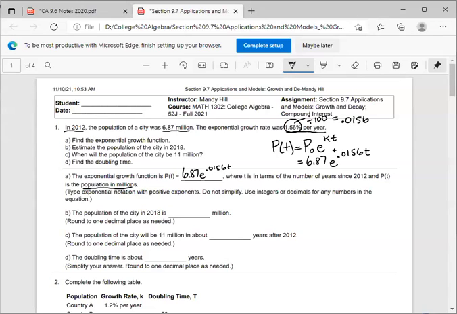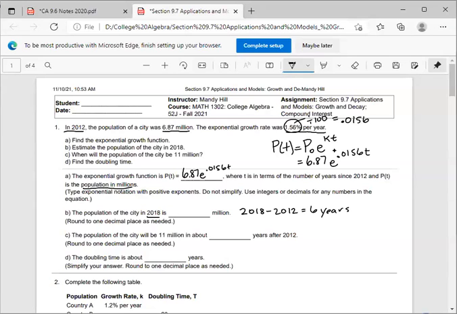Okay, it says the population of the city in 2018 is, okay, I got a couple of ways to find this out. First thing I know is, well, T represents the number of years since 2012. So if it's 2018, I'm going to have to figure out, well, how many years have gone by from 2018 to 2012, right?